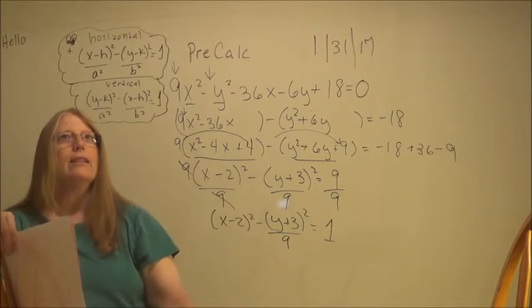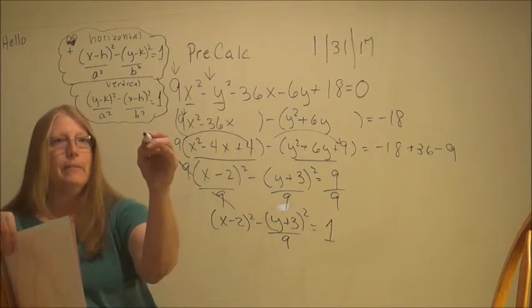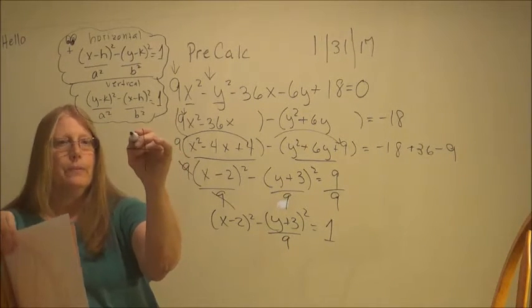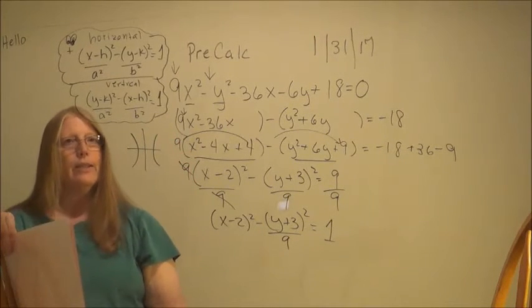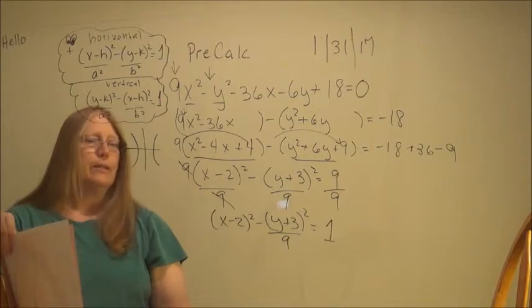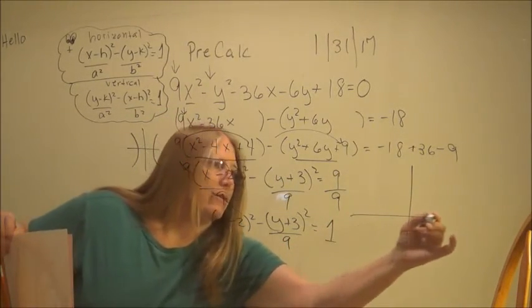So this is indeed a horizontal hyperbola. So I'm going to sketch a horizontal hyperbola. I'm expecting it to open to the right and left. That's what I mean by horizontal. So I'm going to go over here and graph it.